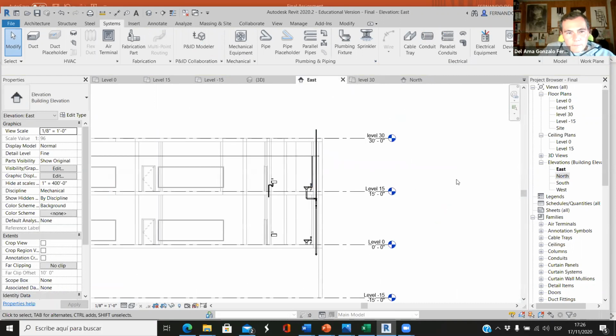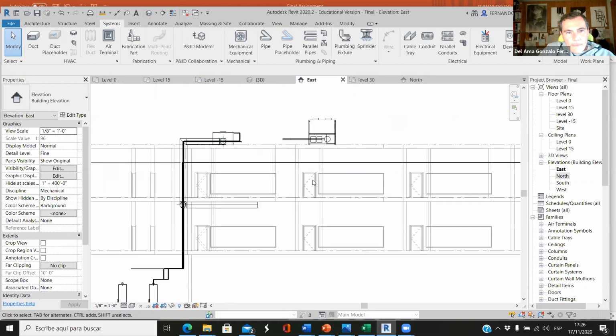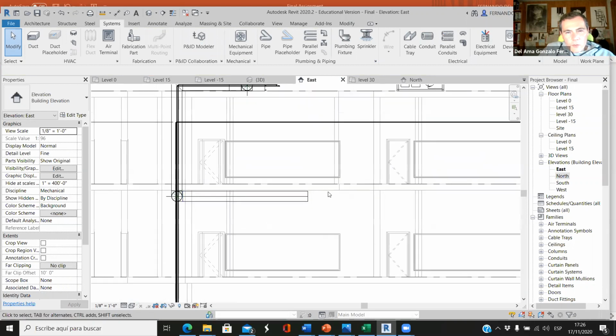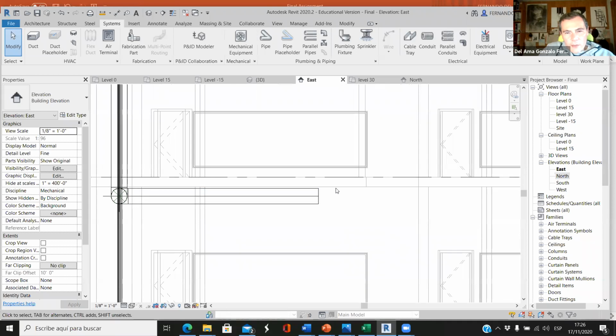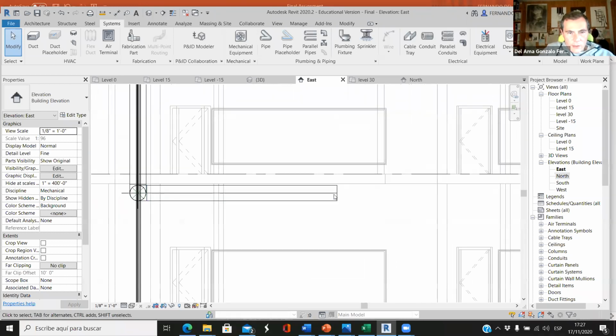Let me see what I have done. Yeah, it works because I have to make sure that it's just under this level. Okay, so it's below this slab level, and now it works. So it's just here.